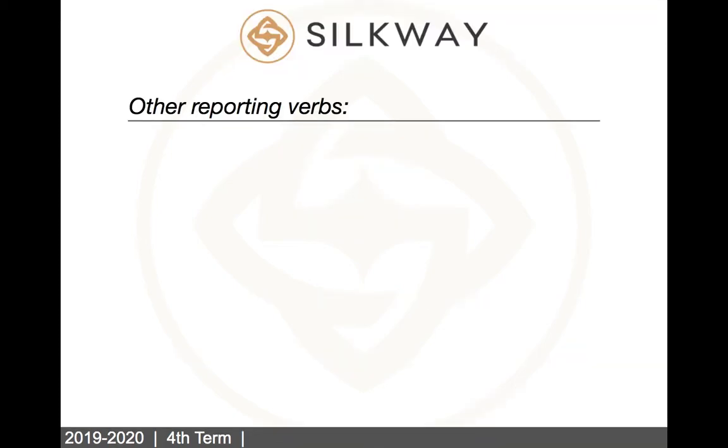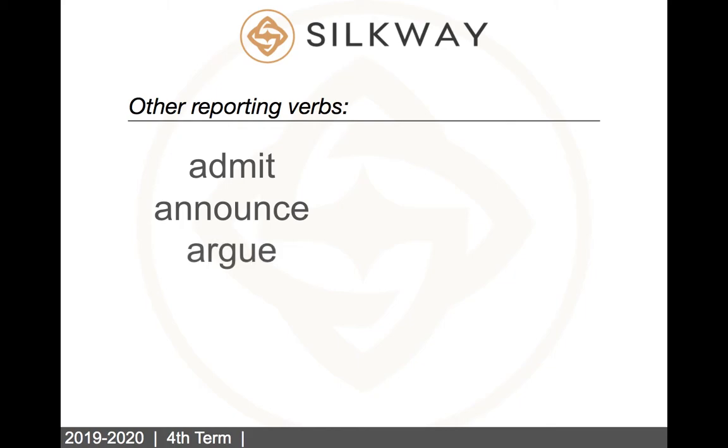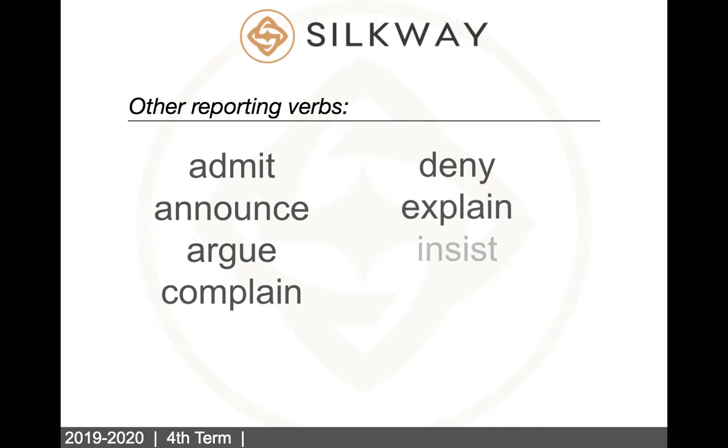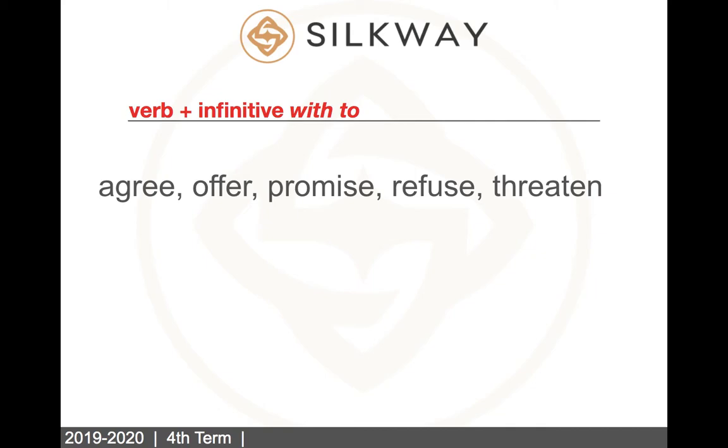And other reporting verbs: admit, announce, argue, complain, deny, explain, insist, promise. Be nice, guys, and please translate them yourselves. But now I'm going to show you how we can use them.